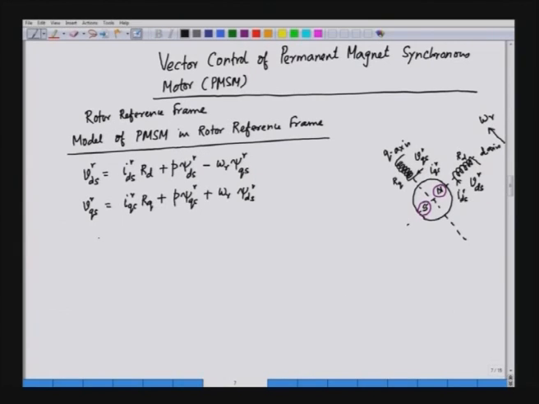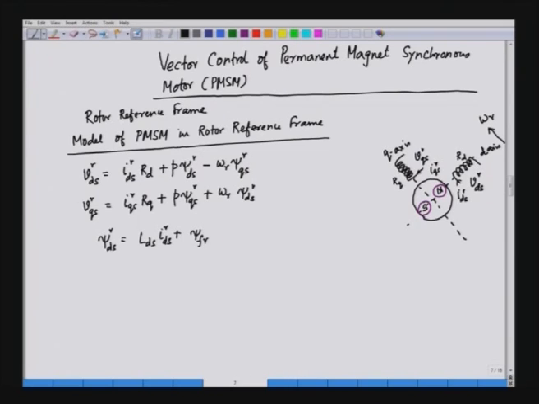Psi ds is given as the flux linkage in the D axis stator, that is LDS into IDS plus psi FR. So, we are talking about the rotor reference frame, we can give the superscript R.